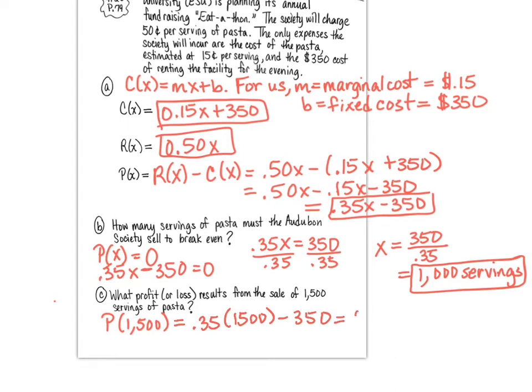That gives us 525 minus 350, which is equal to 175. So the society, not us, would make $175 profit.